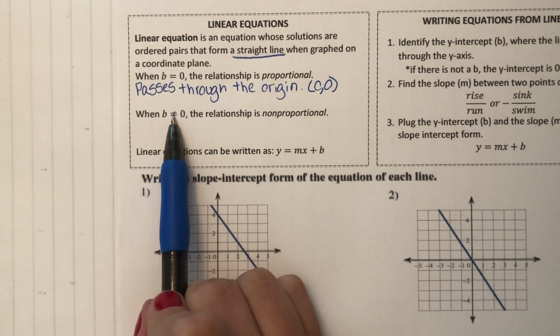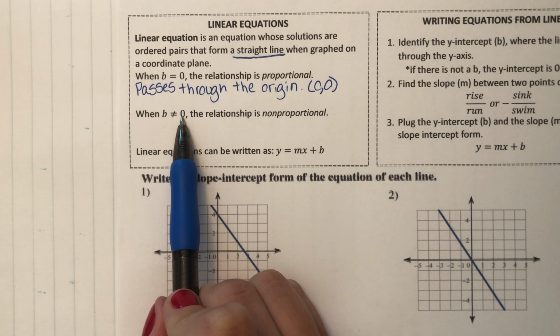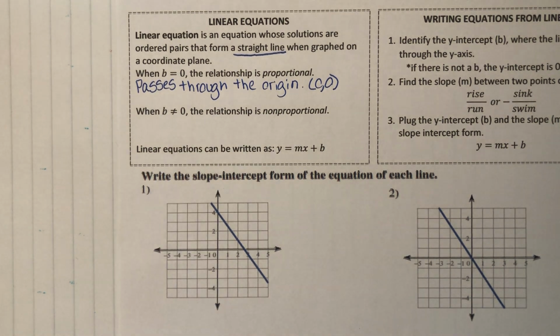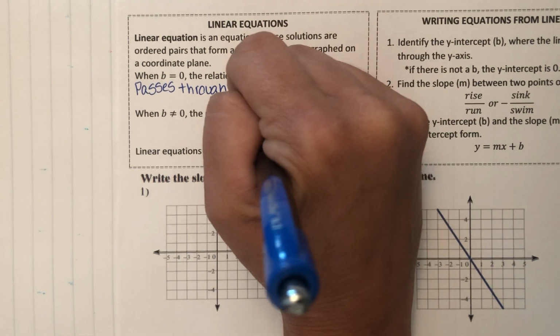When b does not equal 0, so when our y-intercept is another number, like -5, 4, or 27, the relationship is non-proportional.